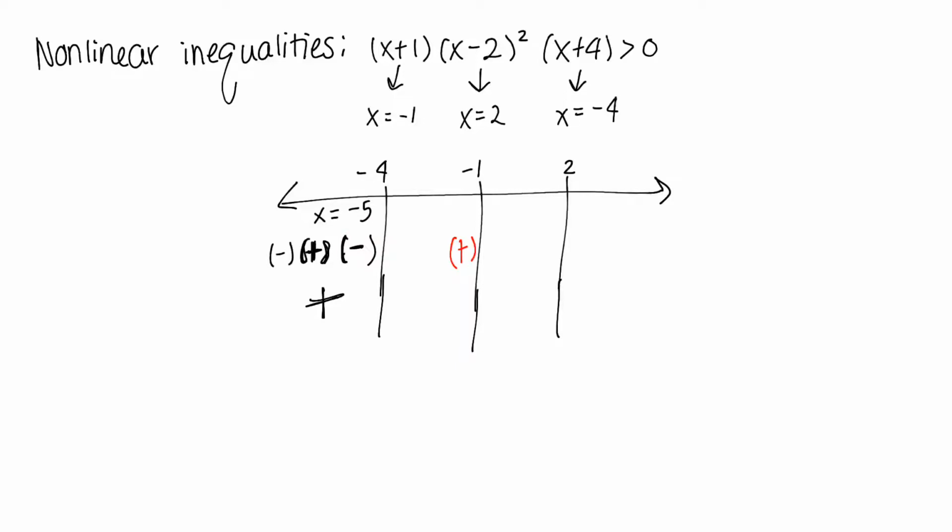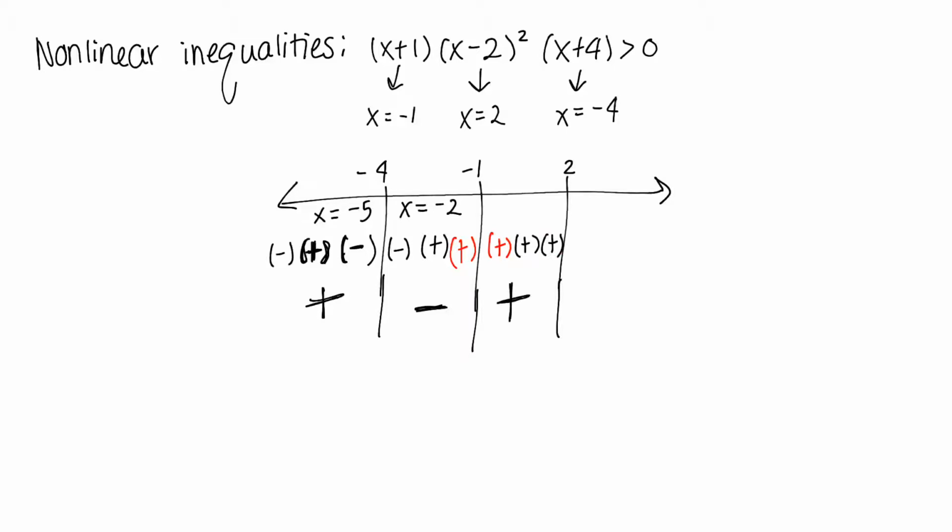And indeed, if I used x equals negative 2, negative 2 plus 1 is negative, so it remains negative, and the middle term is positive. So this guy right here is negative. Once again, when we move to the next column, when we pass by negative 1, this factor changes from negative to positive, but nothing else will change.